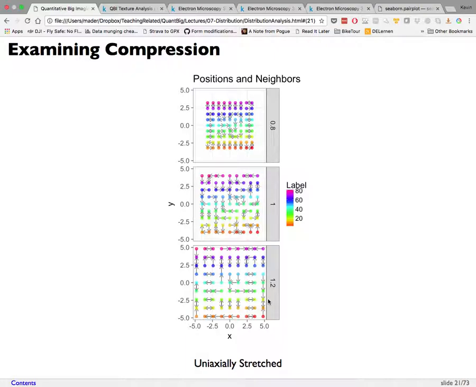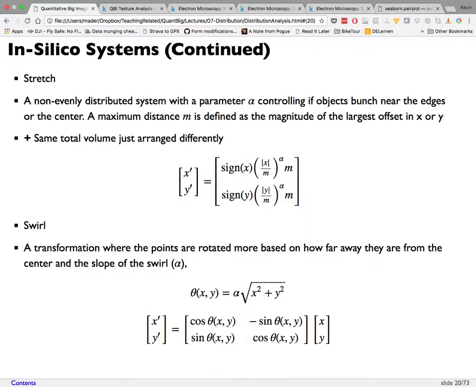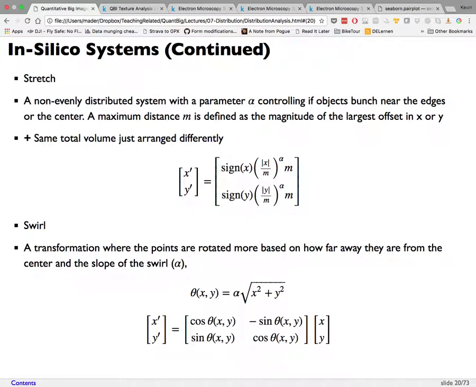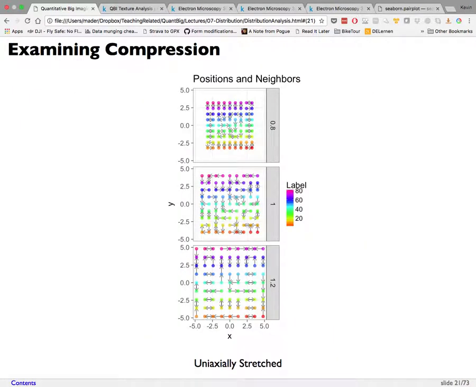But if we look at the nearest neighbor distance, how would we expect that to change as we change alpha? So it's the same in both. So the stretch that we do is just this alpha x, alpha y. Yeah. So the nearest neighbor distance gets stretched as well.